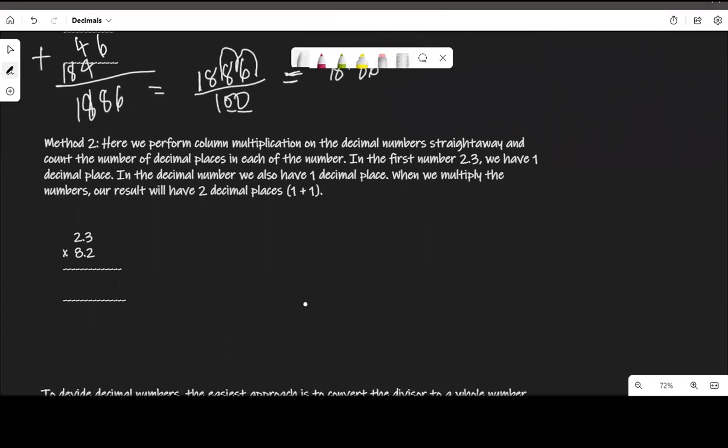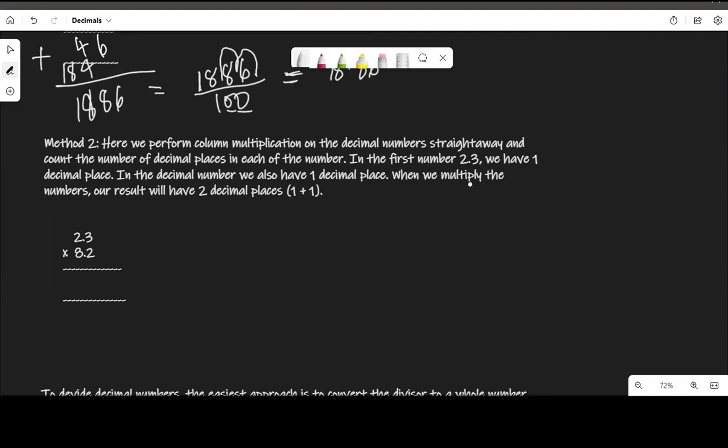Another approach is to multiply the decimal numbers right away and then shift your decimal point accordingly. What do I mean? You see here we perform column multiplication on the decimal numbers straight away and count the number of decimal places in each of the numbers.